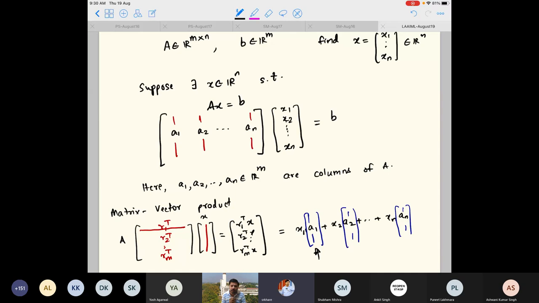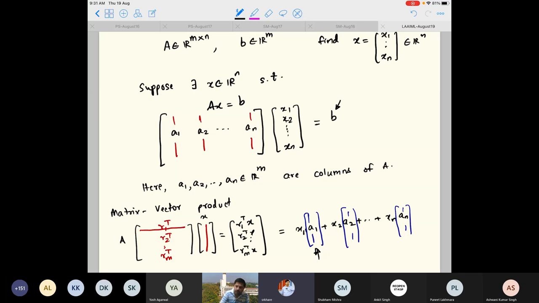Suppose there exists an x in Rn such that Ax is equal to b. Then you are saying that you can write b as a linear combination, x1 into the first column plus x2 into the second column plus xn into the last column. That really means that this vector b can be written as a linear combination of the columns of this matrix A.